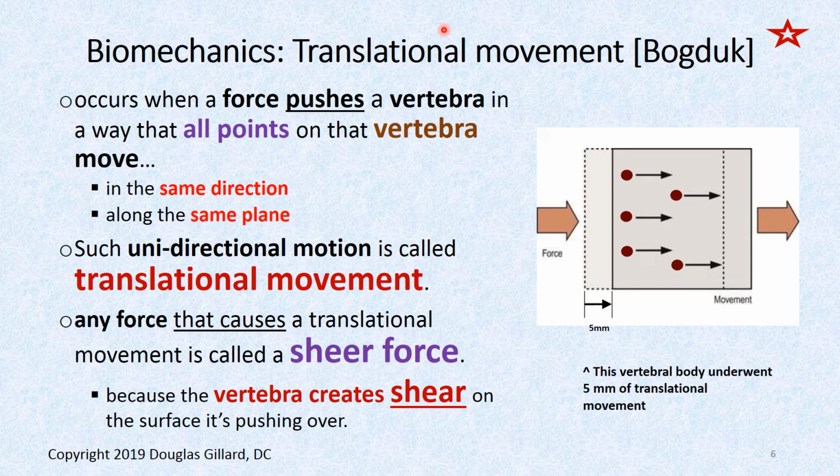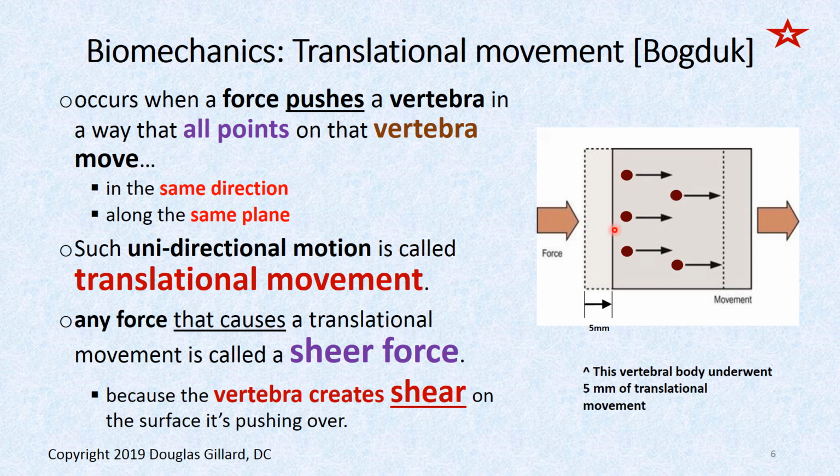So translational motion, let's talk about that. It's defined as, it occurs when a force pushes a block. There's our block sliding across the table, or a vertebra, right? Anterior translation. If you bend forward, this motion occurs. But it's when a force pushes on a vertebra, started with these dotted lines, and all the points on the vertebra move in the same direction.